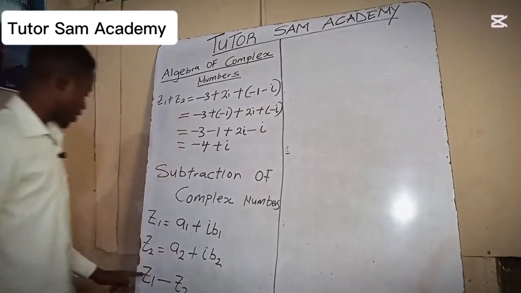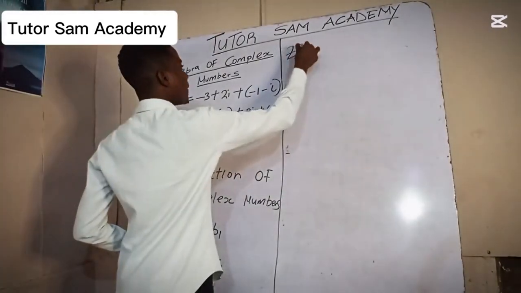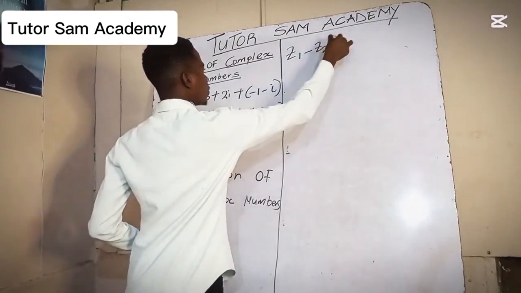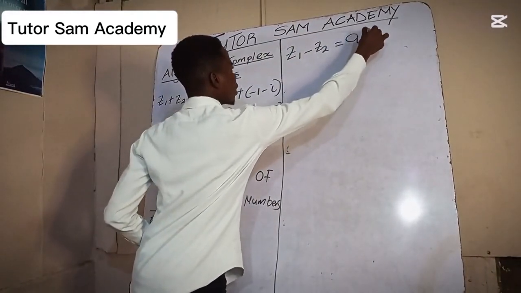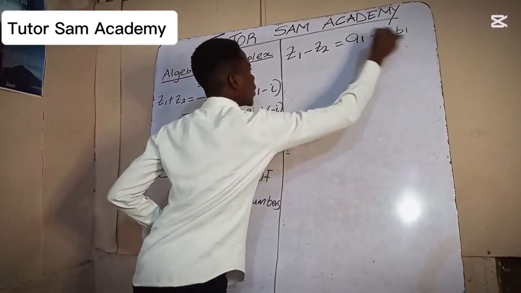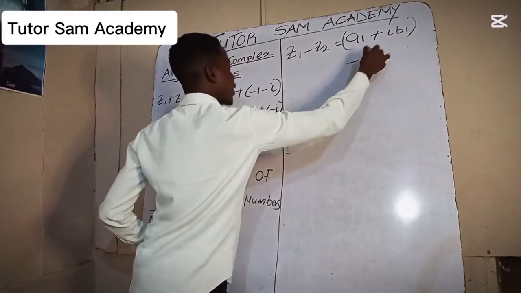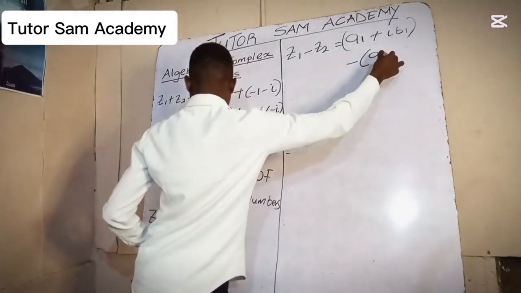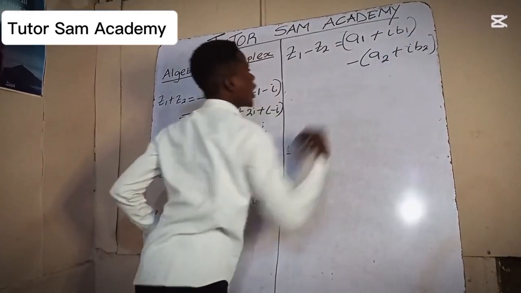Z1 minus Z2 will be equal to Z1, which is A1 plus IB1, minus A2 plus IB2. Now we can subtract.